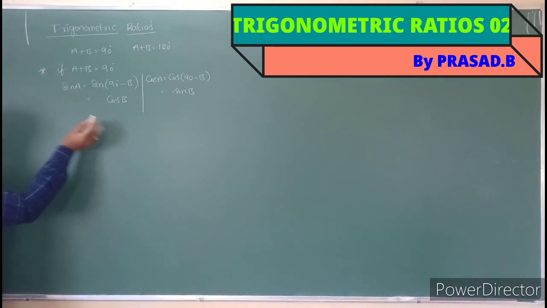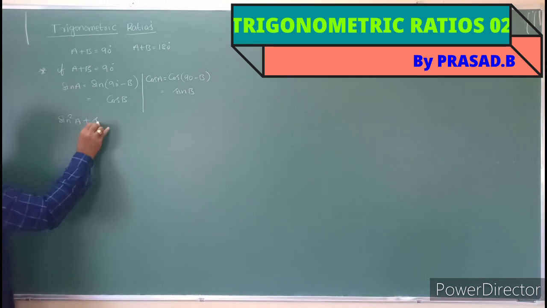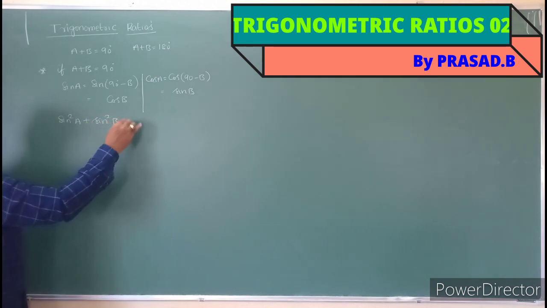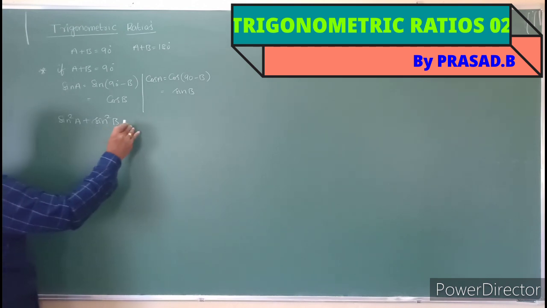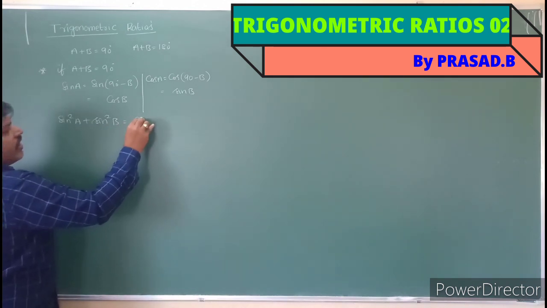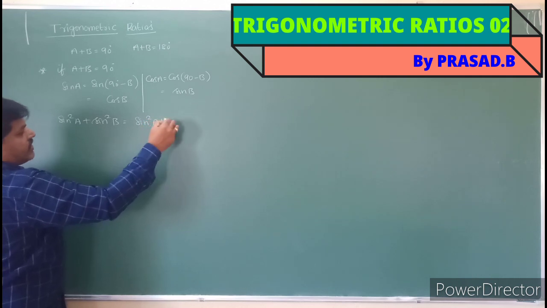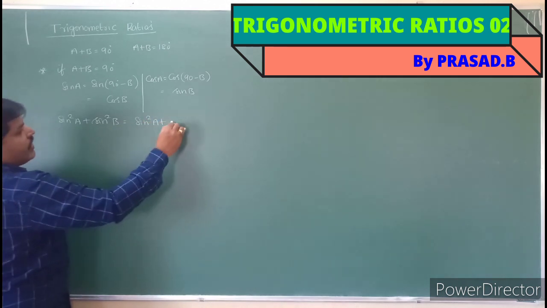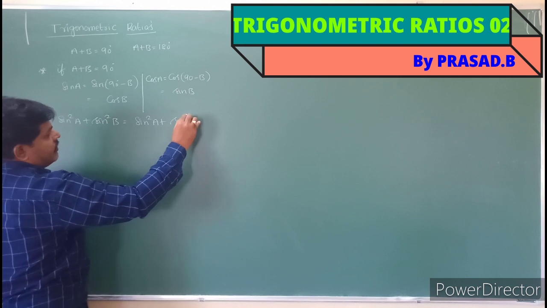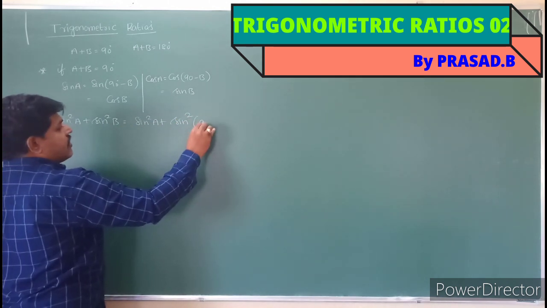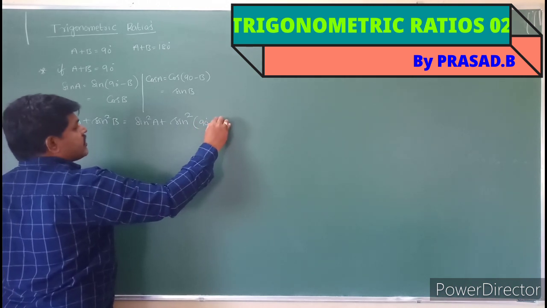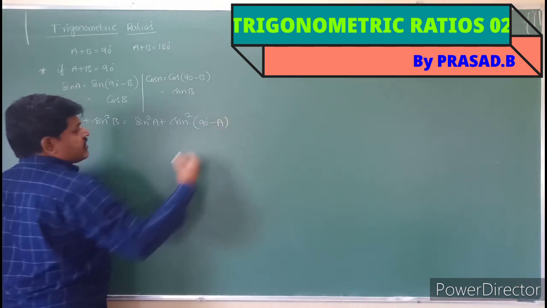And also see students, sin square A plus sin square B is equal to what? In sin square A plus sin square B, this B you can write as 90 minus A. Yes or no?